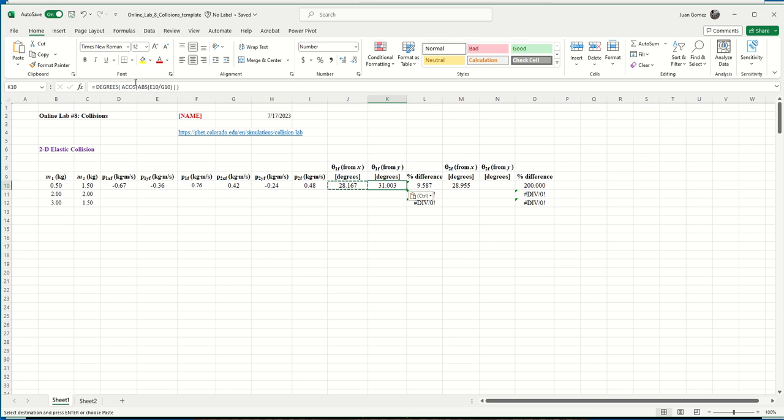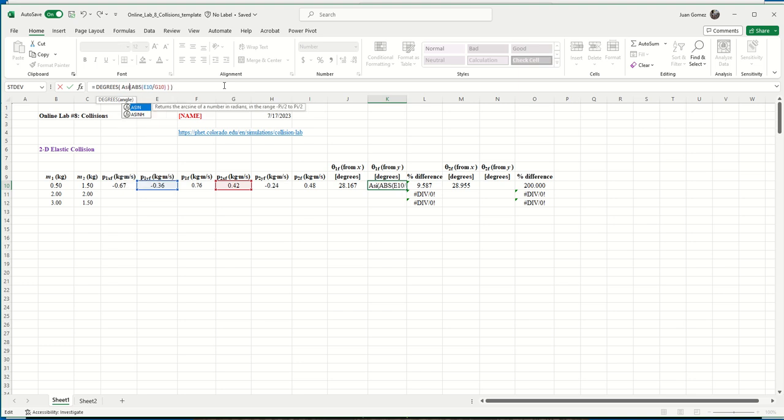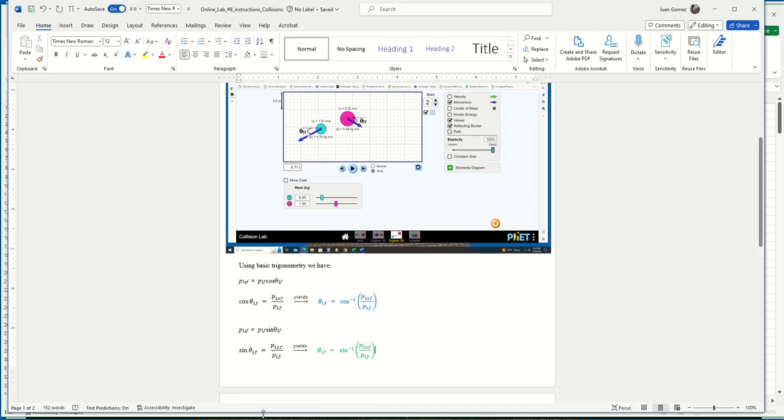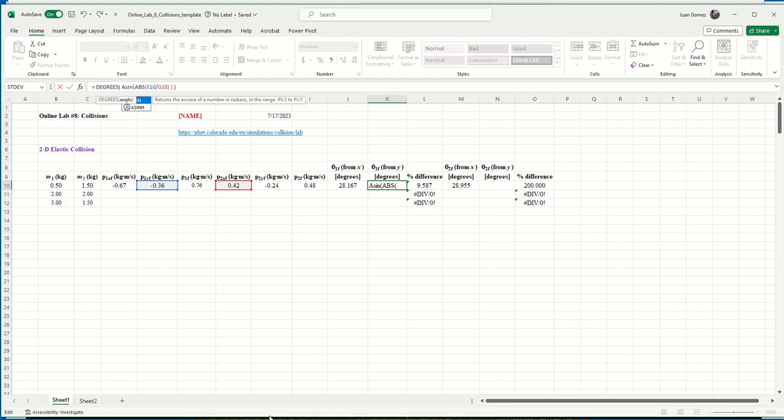Now I'm going to have to change cosine to sine. So, sin. And remember, it's the arc sine of P1YF over P1F. So that's E10, which is correct, and then P1F is F10, not G10.